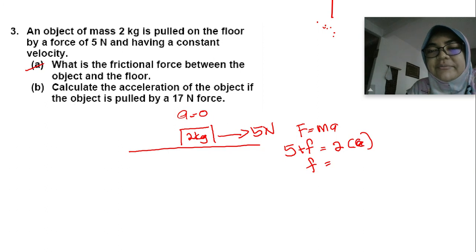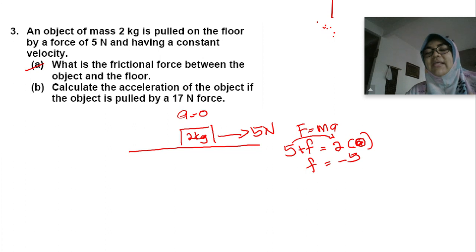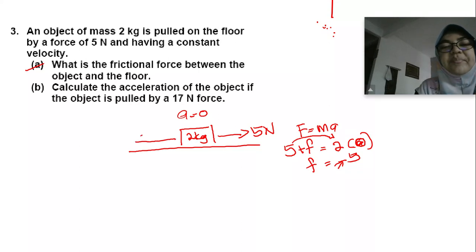Yeah, this is 0. So 2 times 0 is 0. 5, we move it here, negative 5. So the friction is 5 and the negative symbol is the direction. So the friction is to the opposite direction, 5 Newton.